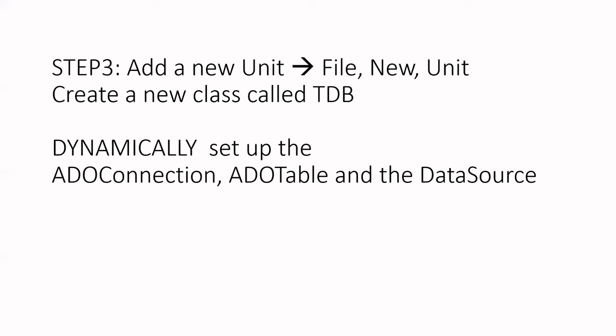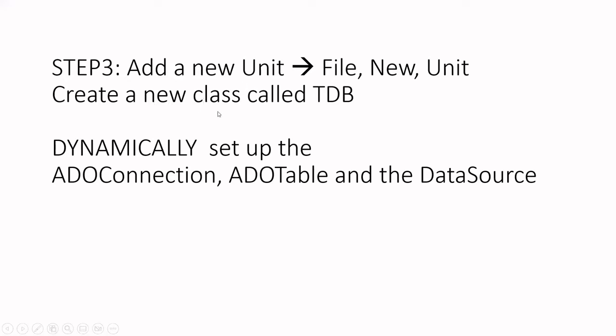Step 3, this is where we create a new unit. To do so, we would click on File, New and Unit. This creates a blank unit, and you now have to start coding this unit from scratch. Within this unit, we're going to create a class, a new class.